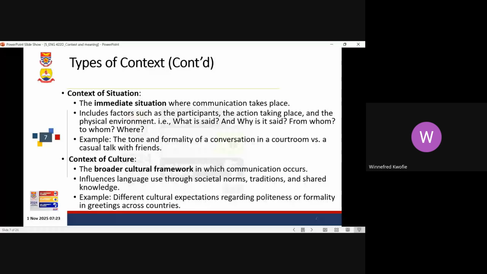And then we have context of situation. So the context of situation, we look at the immediate situation in which communication takes place. Say you are with your son, and usually 8 p.m. is the normal time for bed.